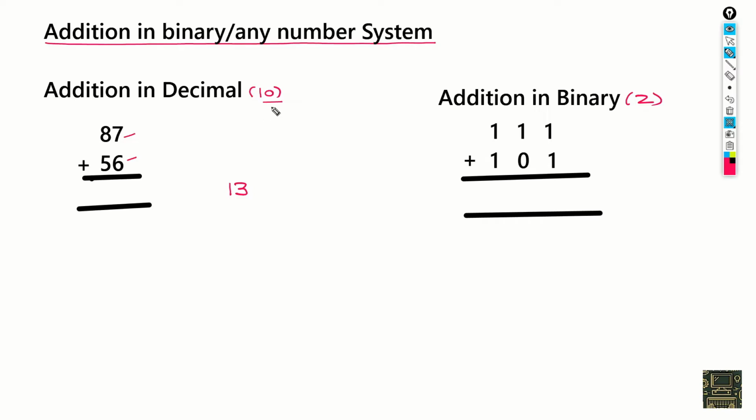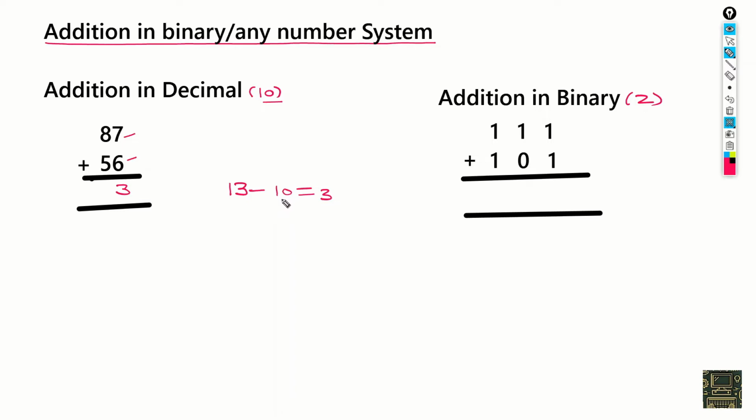Since the base of the number in decimal number system is 10, we will subtract 10 here and we will get 3, and this 3 I will write here.